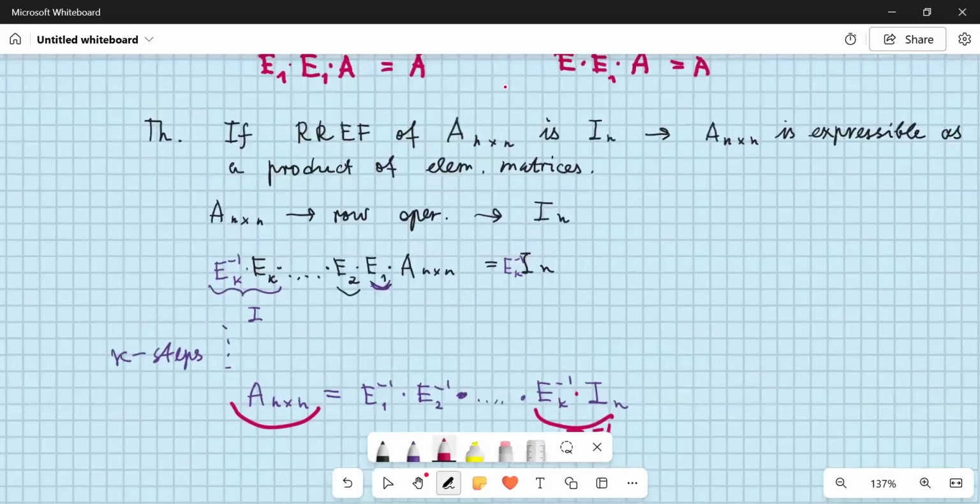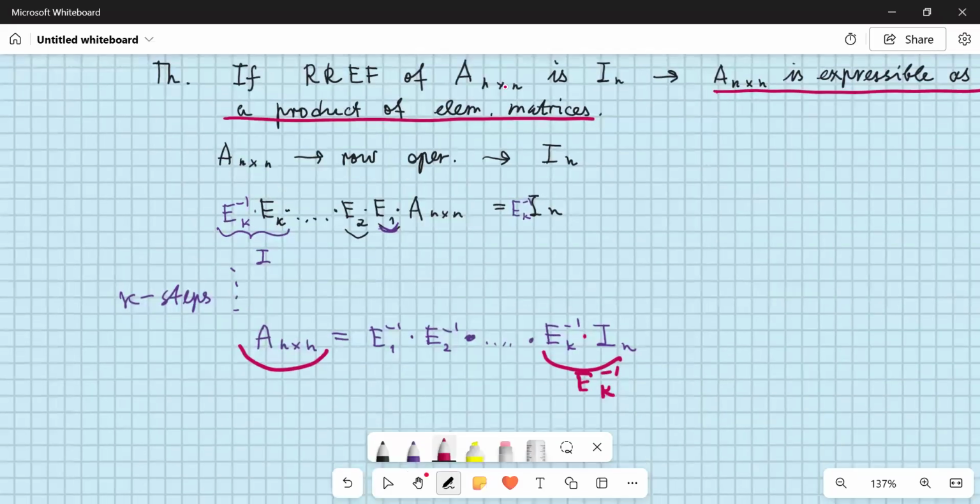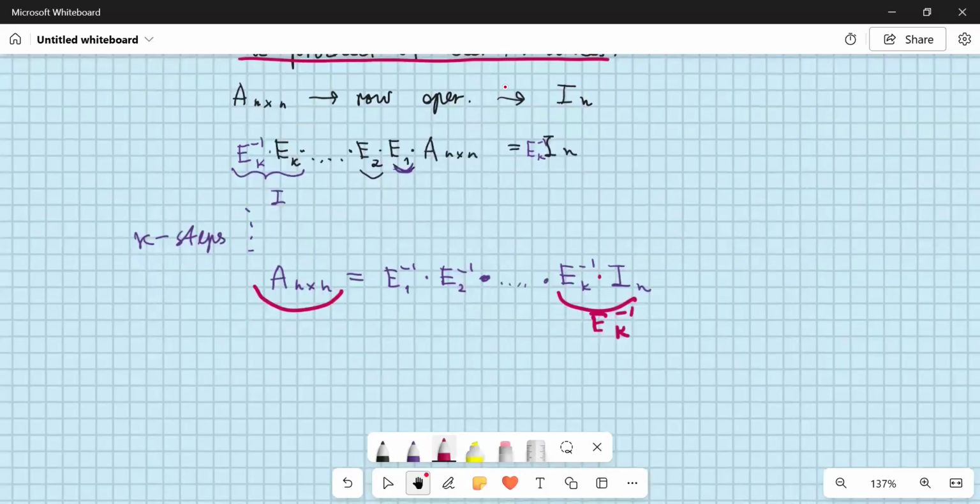And this proves my theorem that A_N is expressible as a product of elementary matrices. Those matrices are the inverses of the elementary matrices which are the steps in bringing your A_N matrix to identity, the reduced row echelon form. That's very good, right? So we represent matrix A as a product of elementary matrices.